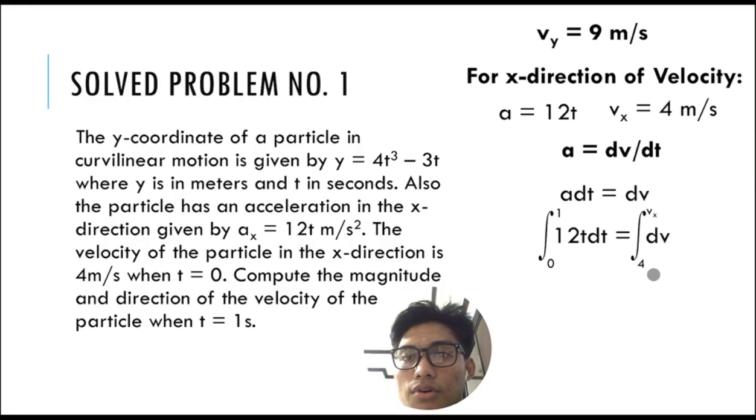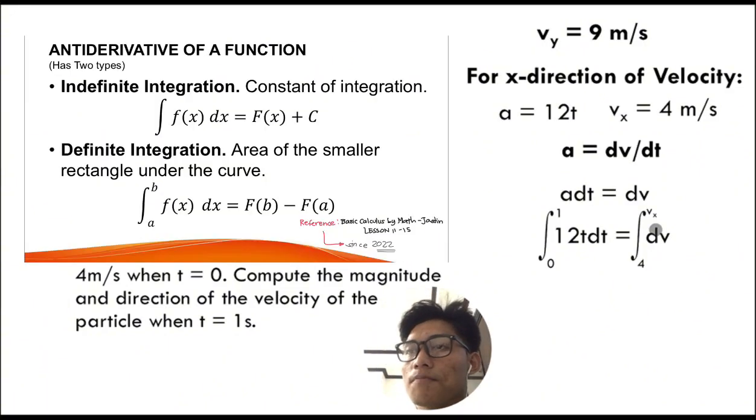Ganun lang po. Ngayon, hinahanap natin, velocity when the time is 1. So, from 0 to 1, that is your time, with respect to t. Then, 4 to Vx. So, meron naman tayong rules kapag tayo ay nagsasagawa ng definite integral. Diba? Integrate, then substitution, upper minus lower.